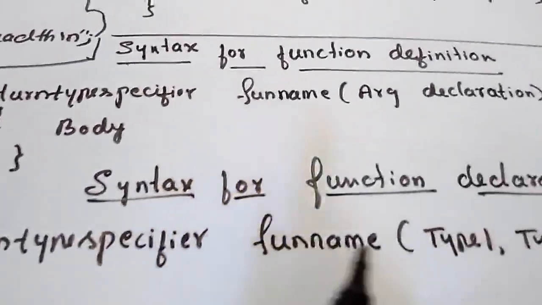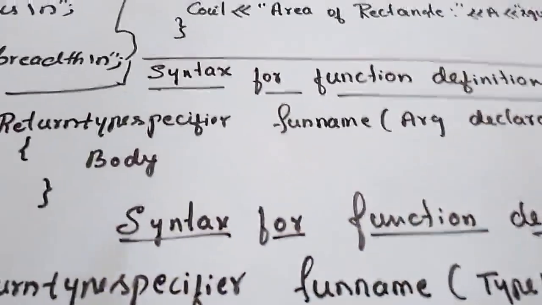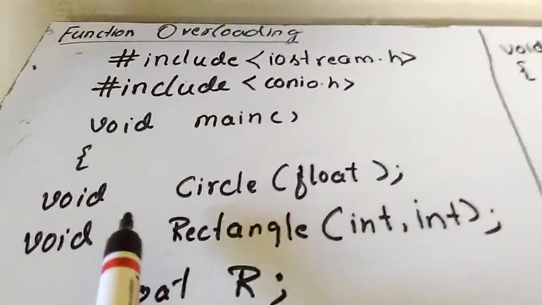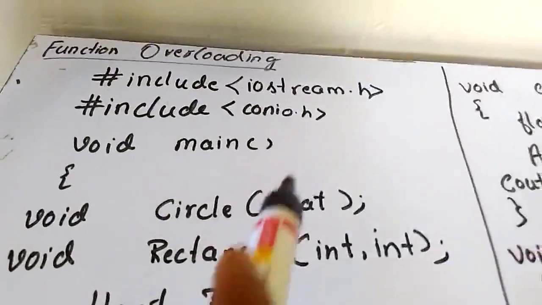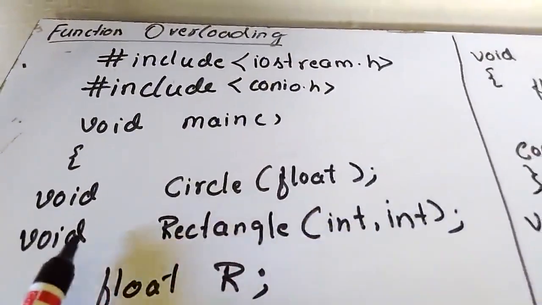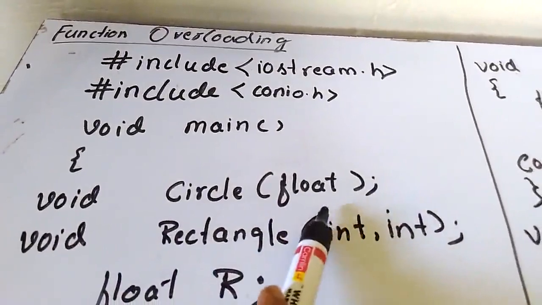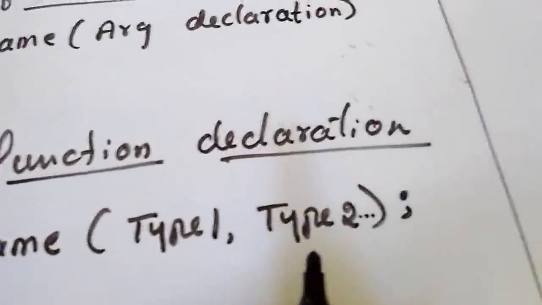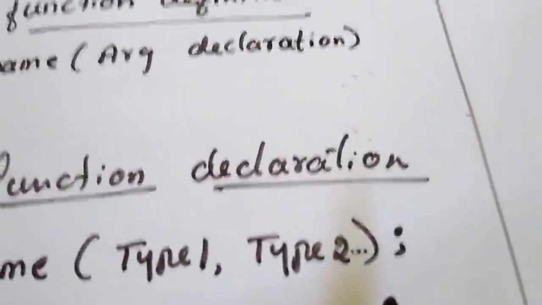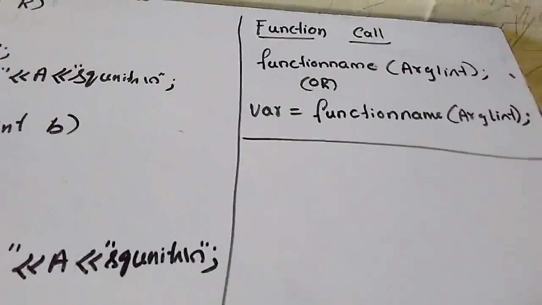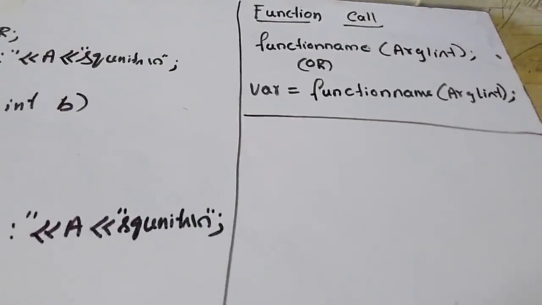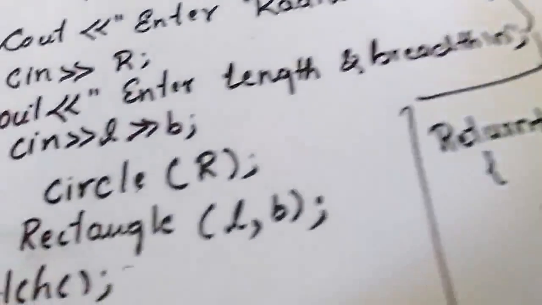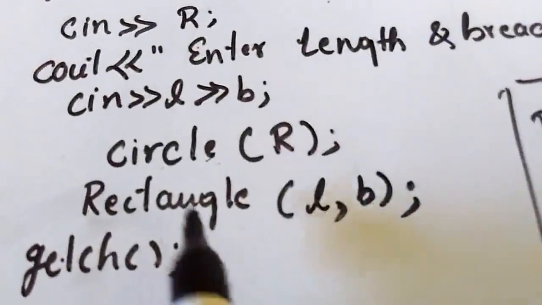Then syntax for function declaration. Declaration is nothing but a function header which appears at the beginning of the main function. Void, circle, float type value. So return type specifier, function name, and the data types we have to mention. Now syntax for function call. What is the syntax for function call? See here, where is the function call in this program?